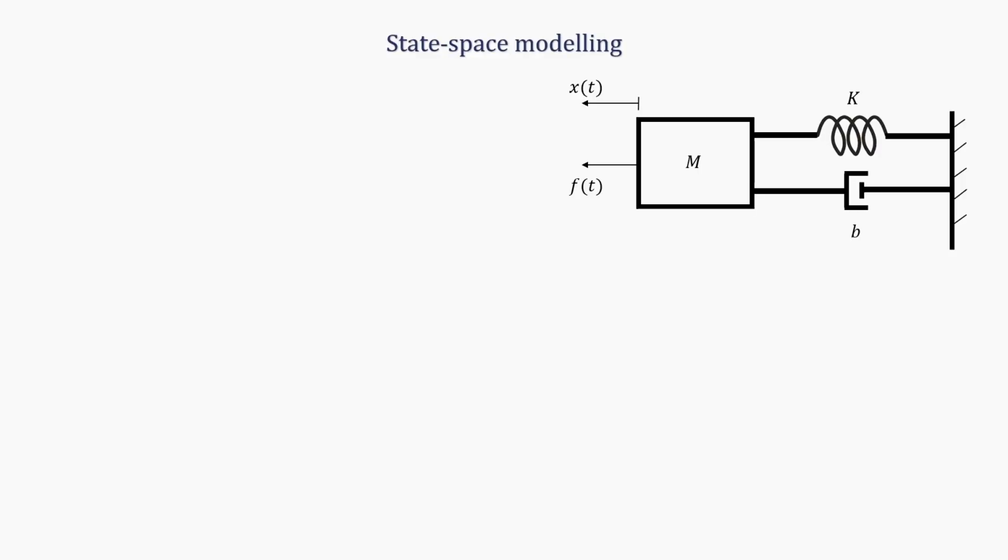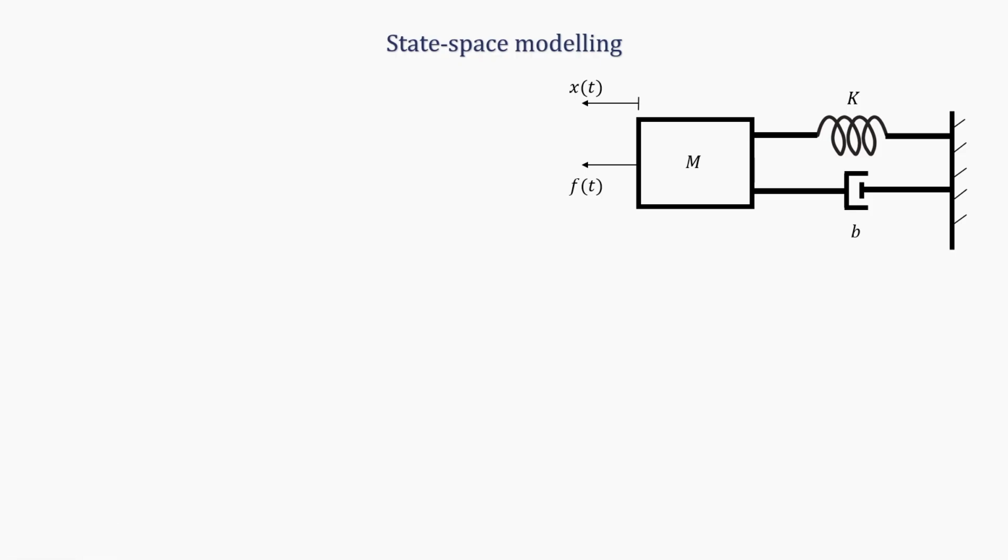Let us dive in. Let us take this example of a spring mass damper system and we want to find out the state space equation for this. So, how do we find this? The first thing, if you remember, was that we need to identify what the state vector is, what the input is and what the output is.